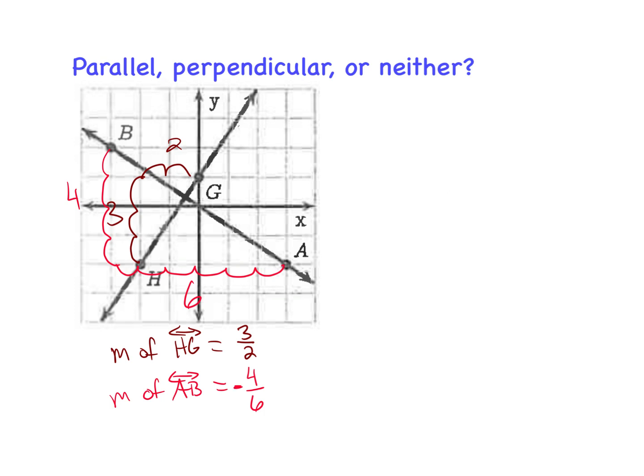Negative. Negative. Can that be reduced? Yes. To what? 2/3. Yeah, that. So I have 3/2. I have negative 2/3. And is this parallel, perpendicular, or neither? Perpendicular. Perpendicular. Because they're flipped, and one's positive and one's negative.